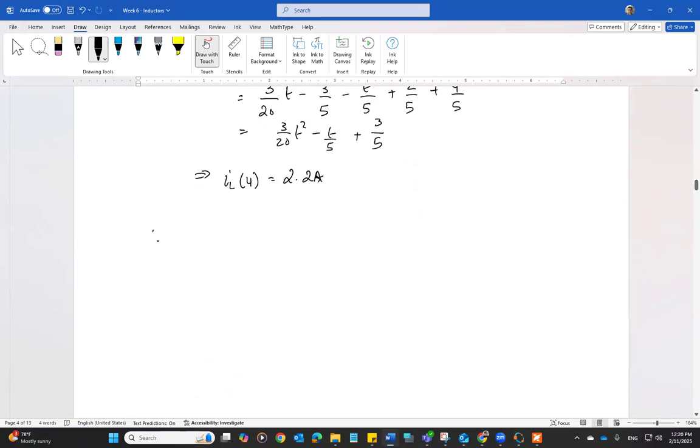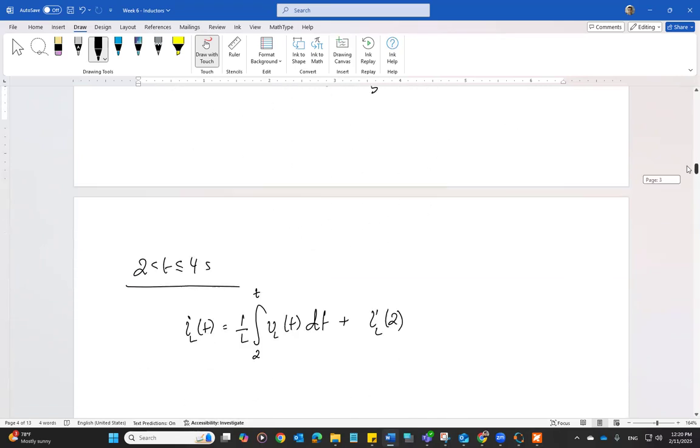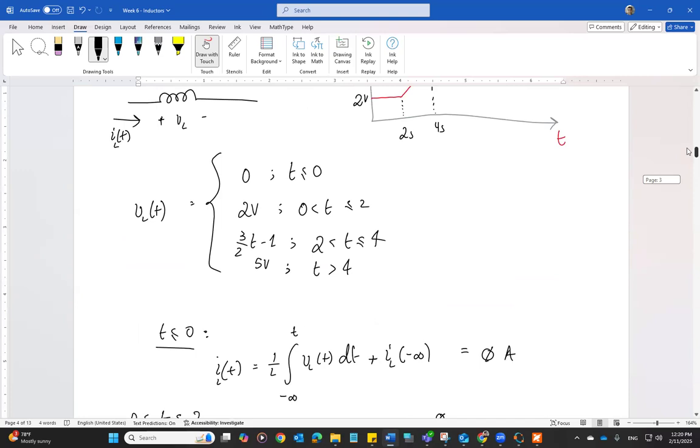And the next step is that time is greater than 4 seconds. So IL(t) will be equal to 1 over L integral of, now this is going to start at 4 to t, and the value of that is, let me go and check, the value is 5 volt, dt plus IL at 4 seconds.